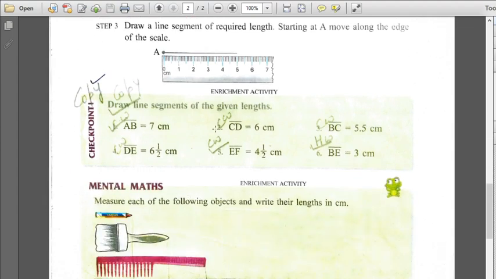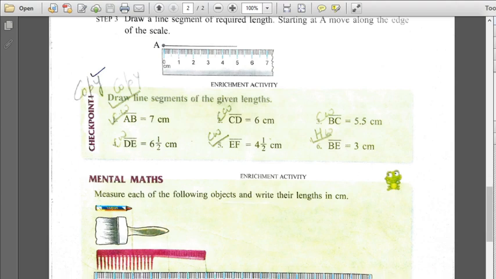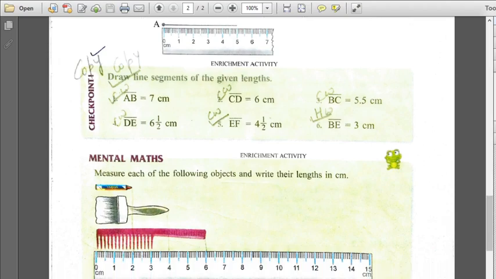Children, today we are going to do the enrichment activity given on page number 117. The question is, draw line segment of the given length. This is how we will draw the line segment.